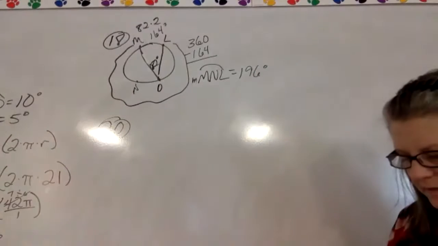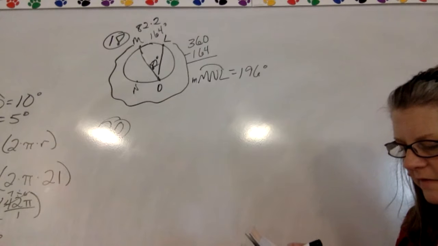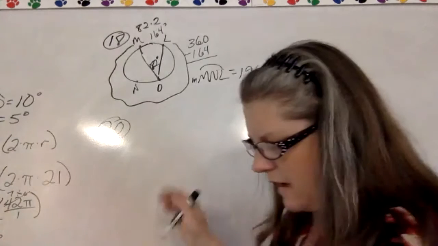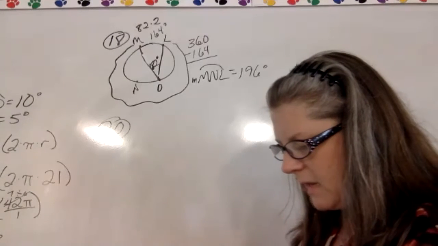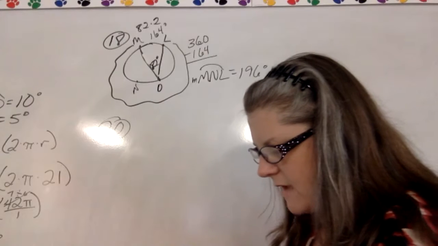Number 20. For number 20, it says if arc MN equals arc LO, so you have the two side arcs are congruent, and they both equal 130 degrees, find the measure of angle MYL.